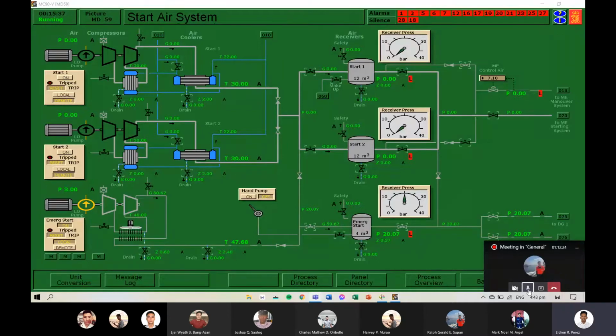Receiver pressure is already at 20 bars. Next, put the emergency compressor to remote control, sir.